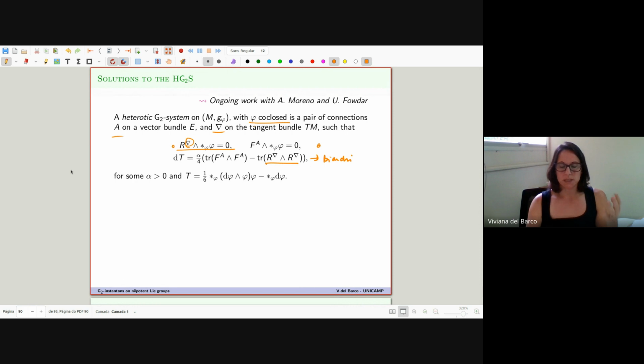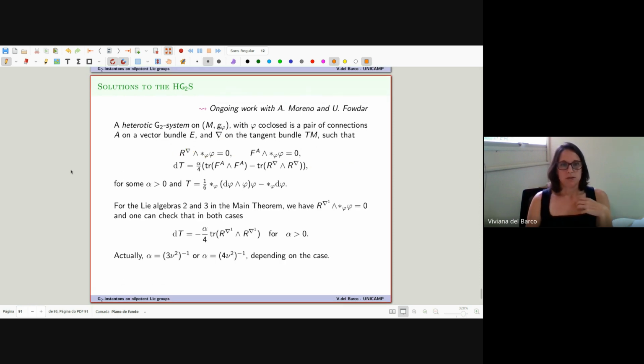So in the examples appearing in the main theorem, for Lie algebras 2 and 3, because the first Lie algebra was already done, we have that it verifies the instanton equation, and one can check that the differential of the torsion gives you exactly this term, for alpha positive.